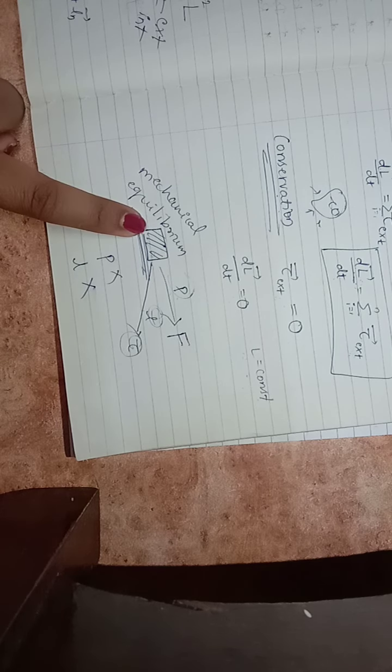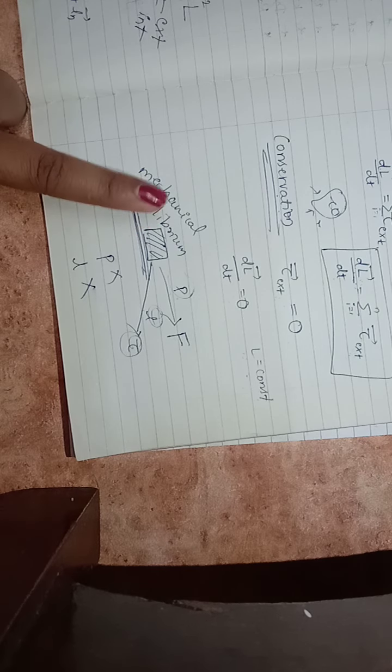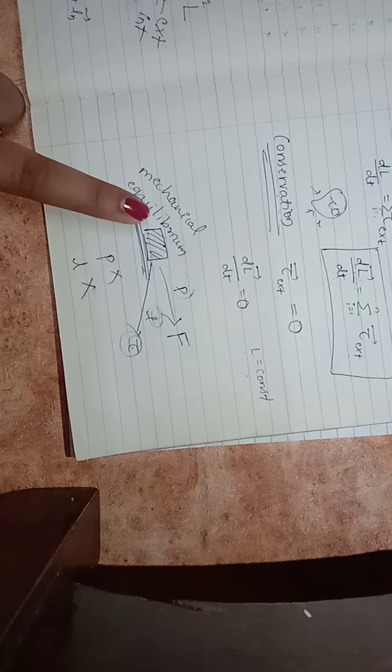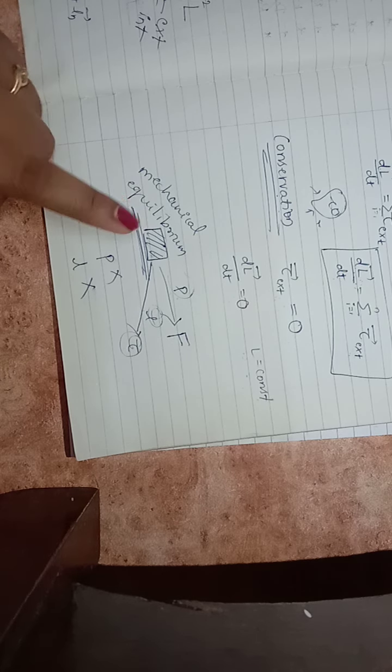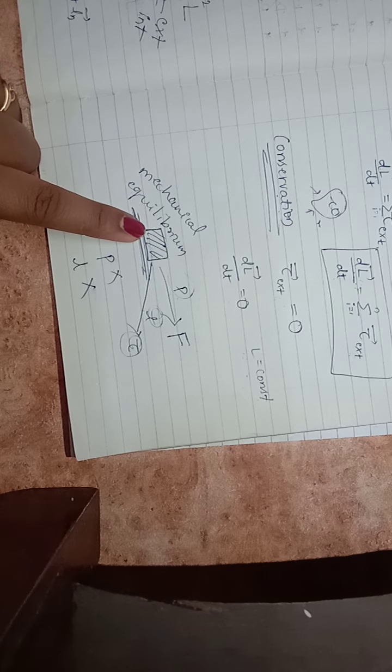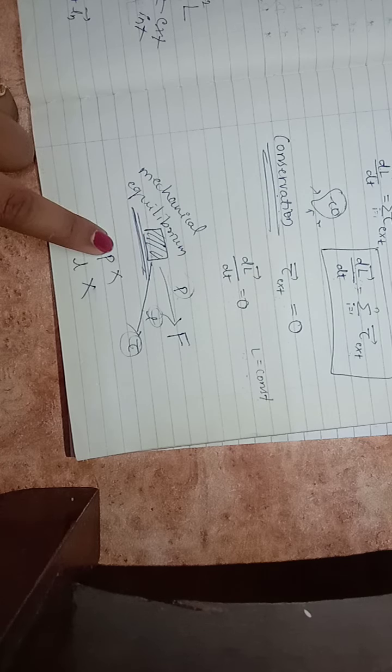Understood? Equilibrium of a rigid body means what? The state or condition of a rigid body when its linear momentum is not changing with time and its angular momentum is also not changing with time.